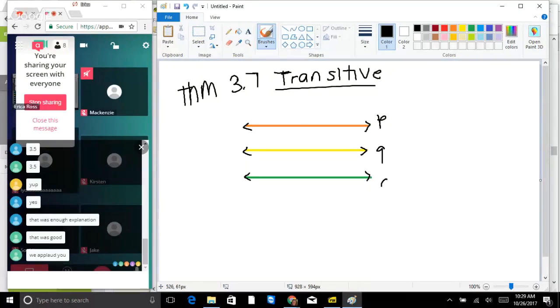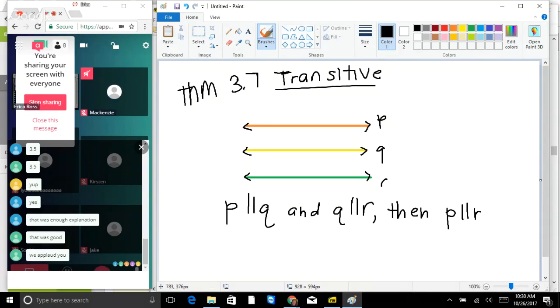So the transitive property of parallel lines says that if P is parallel to Q, and Q is parallel to R, then P is parallel to R.